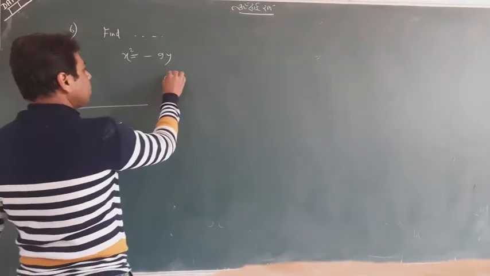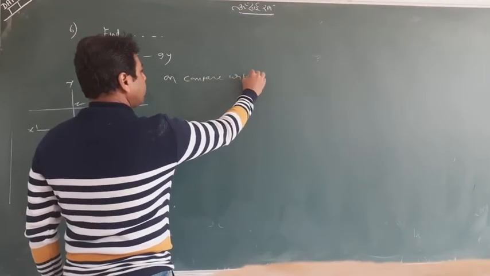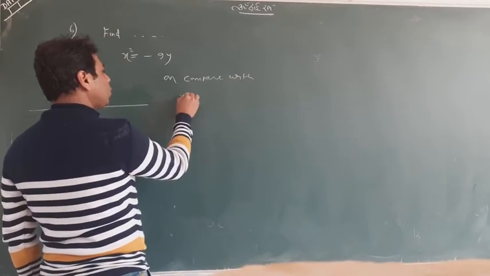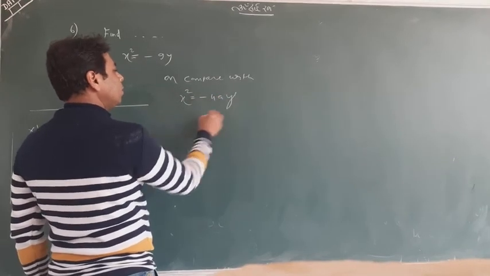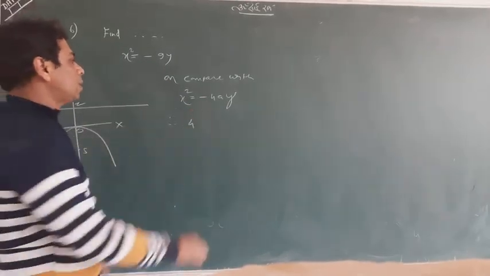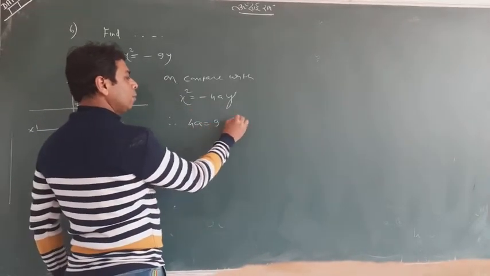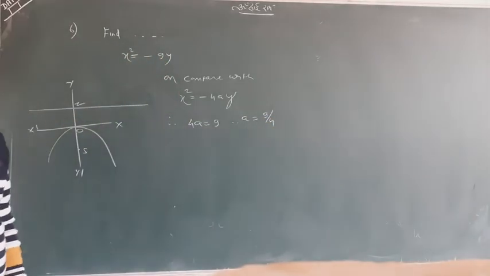You first compare with x square equal to minus 4ay, because it has a minus sign, so compare with the minus sign. So 4a equal to 9, a will be 9 by 4.